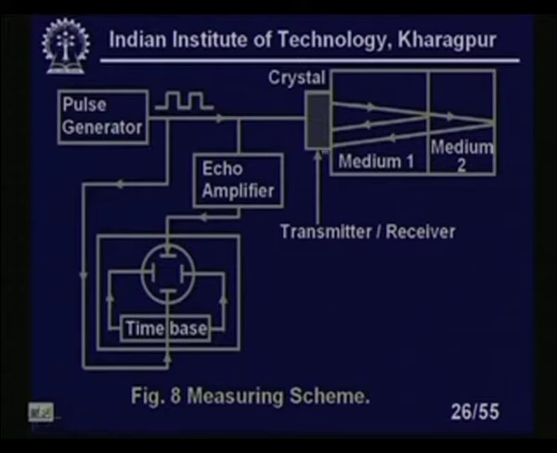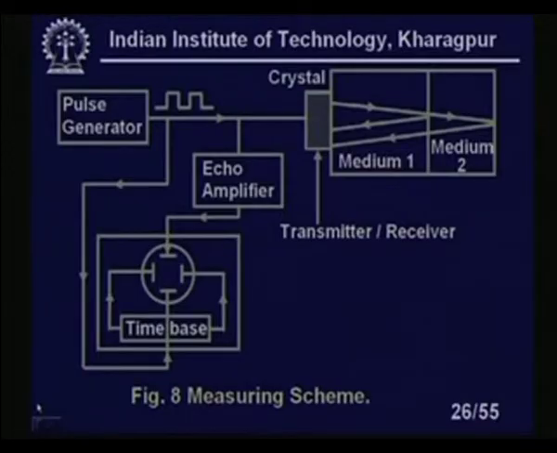So, that is the echo signal, that means the reflected back signal will be amplified and put here, and we have pulse generators which give you the time base. The signal coming at the vertical plate is the reflected ultrasonic wave, whereas the time base we are giving to the horizontal plate. The principle is the same as we have seen in the oscilloscope.